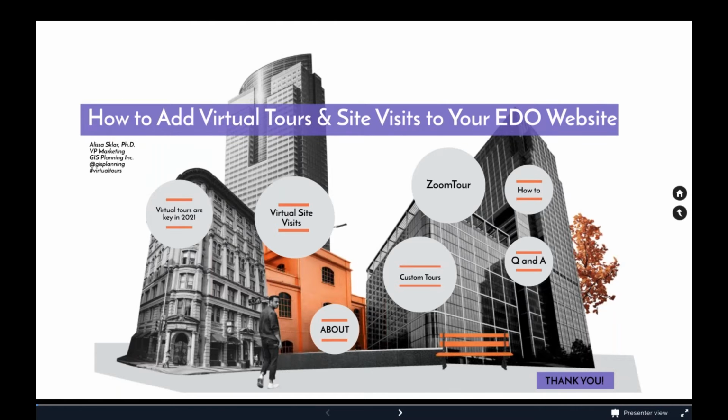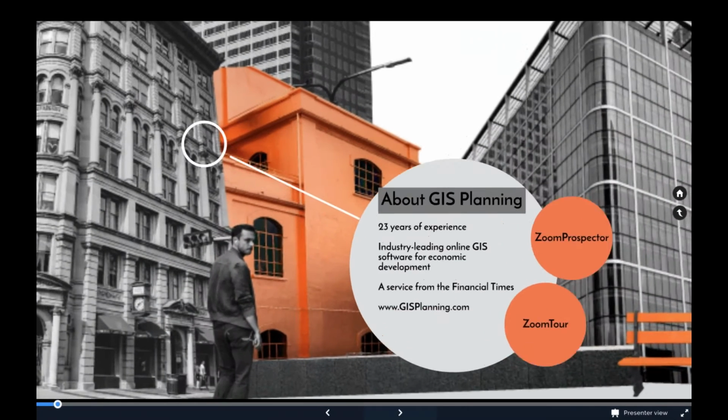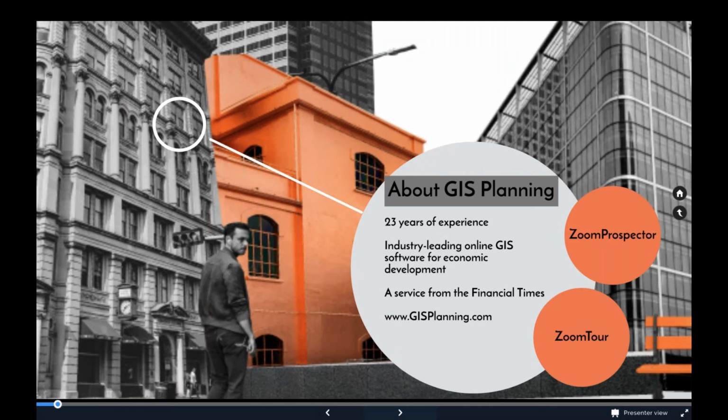Let me bring the screen back up here. So let's talk a little bit about who we are and why I'm here speaking to you about this today. At GIS Planning, we've been doing this for more than 23 years. We are the industry's leading GIS software for economic development, and we're a service from the Financial Times. Along with FDI Intelligence, we are the world's largest economic development services organization.